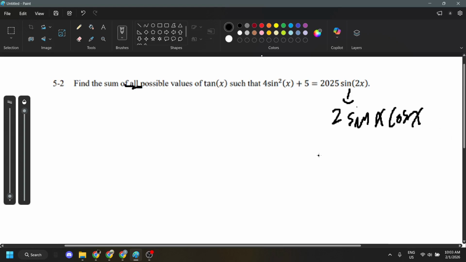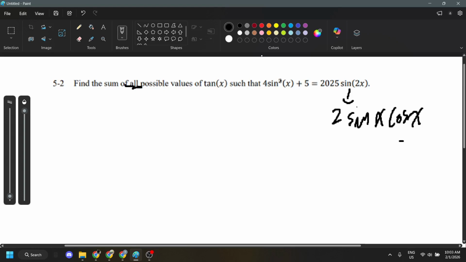So what else can we do? Maybe we can do something with the cosine of x. Sine squared of x is 1 minus cosine squared x, so I could get it to cosine squared x, but I still don't think that helped me.